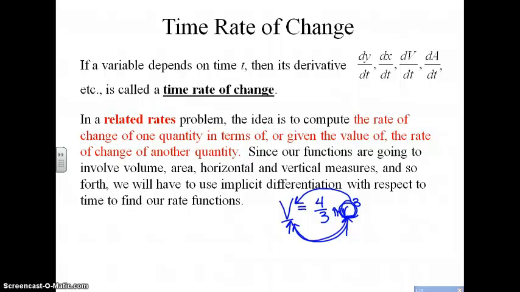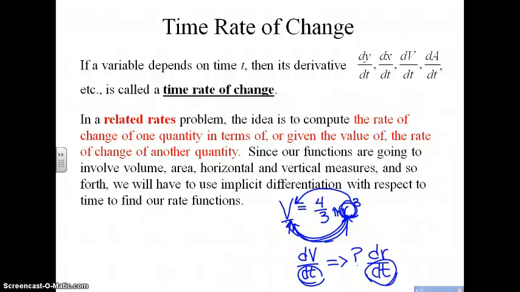Well, we're going to take that relationship between these two variables, and now we're going to talk about, is there a relationship between the rate at which the volume of the sphere is increasing or decreasing and the rate at which the radius is changing over time?